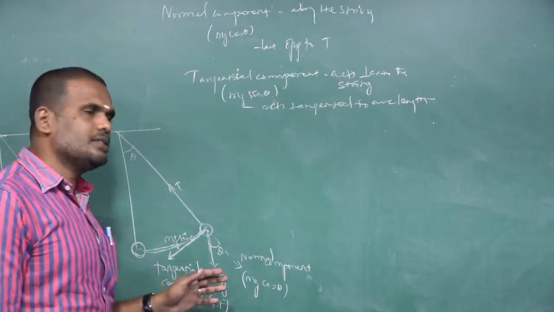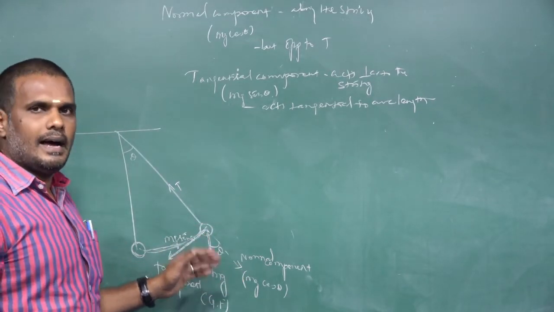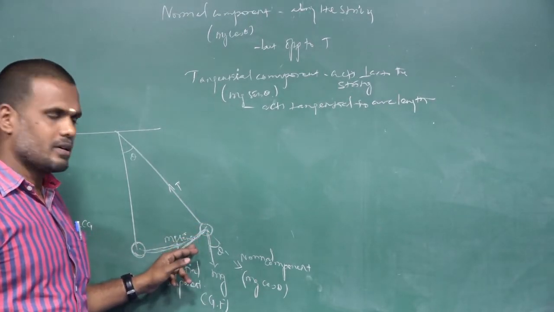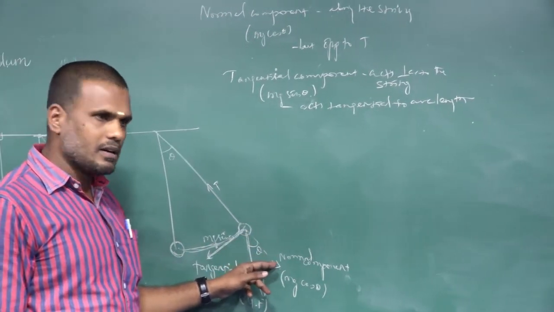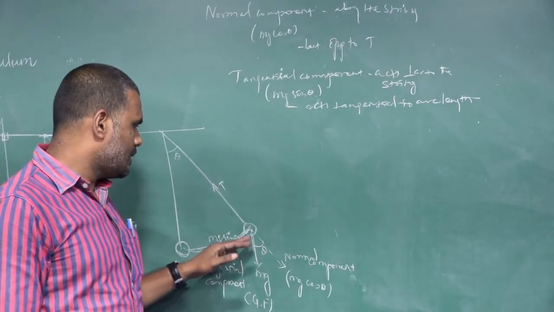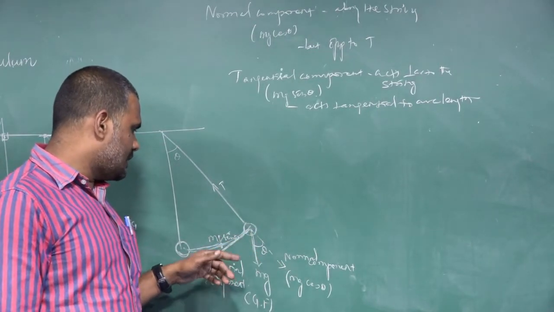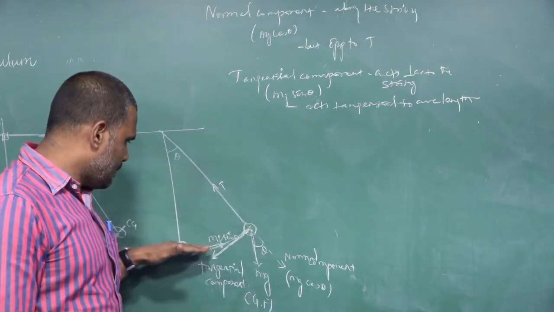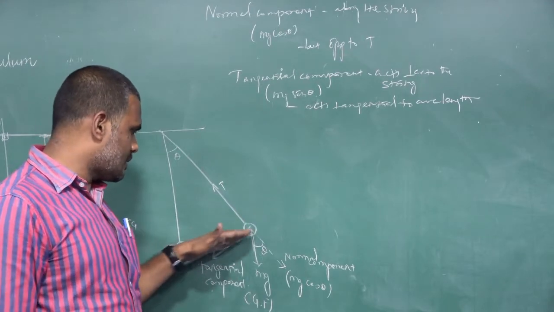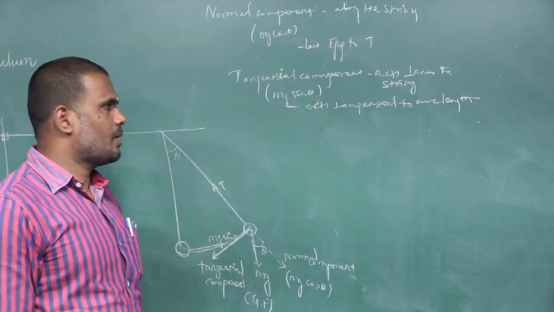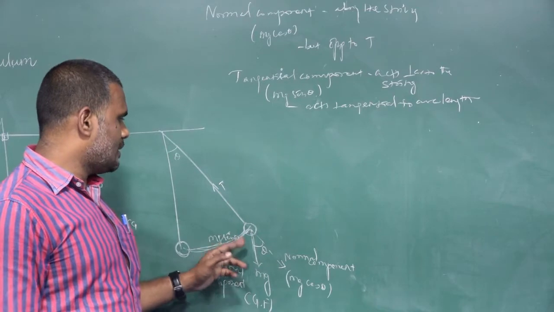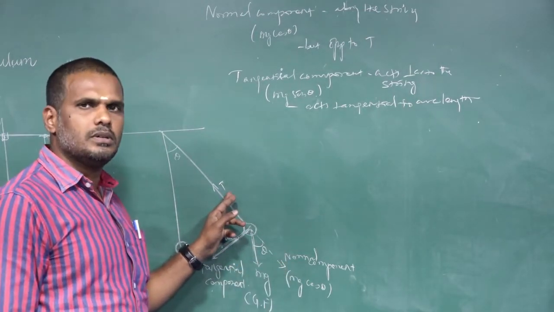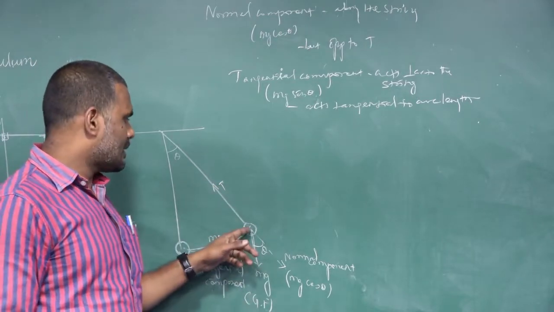The tangential component mg sin theta acts perpendicular to the string, tangential to the arc distance made by the simple pendulum. So the normal component mg cos theta acts in a direction opposite to tension.